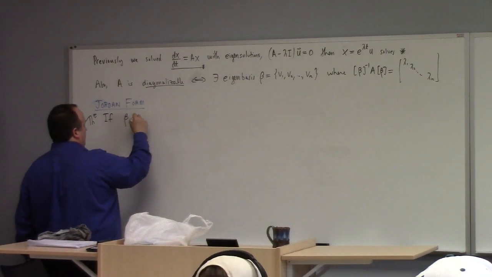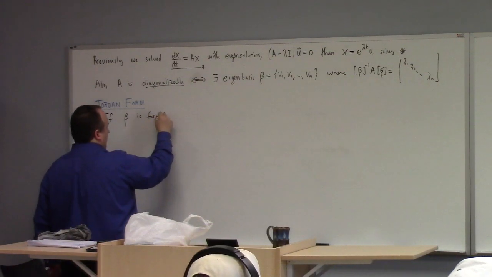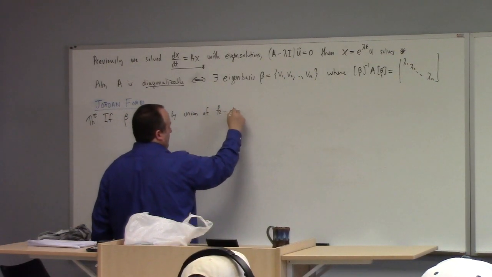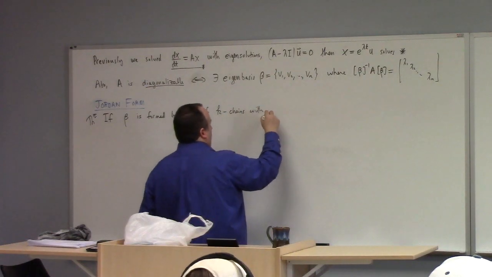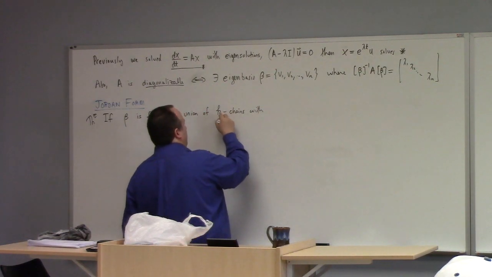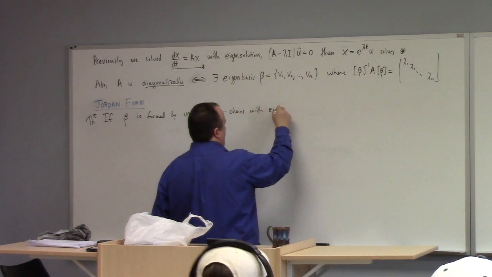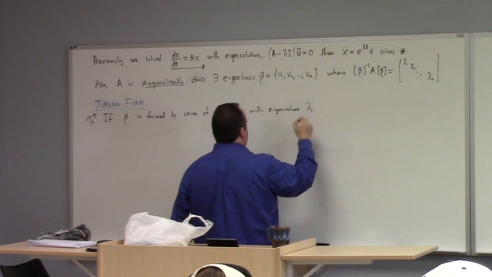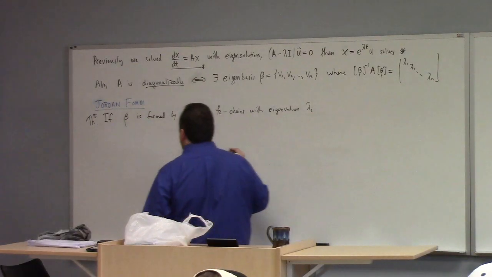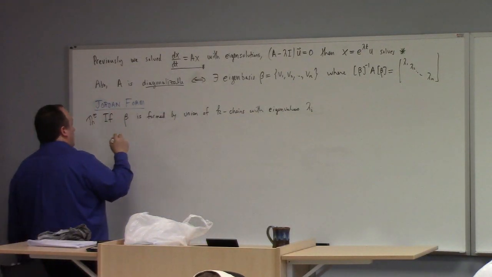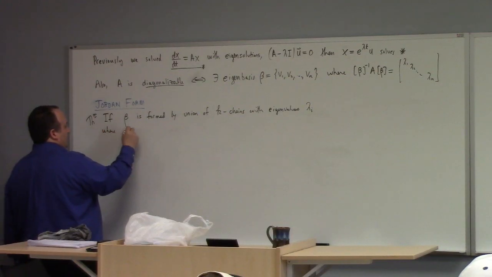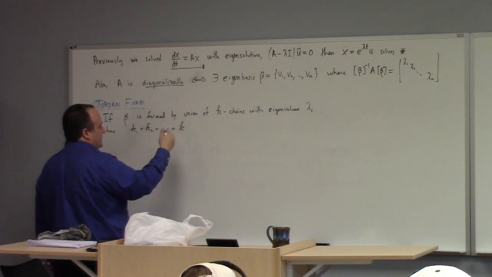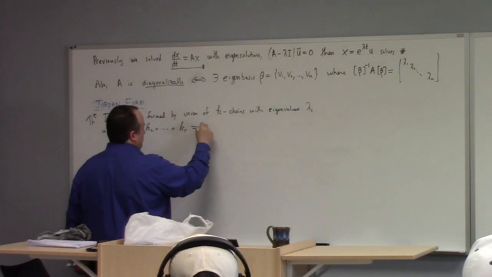If beta is formed by the union of k-chains, let's say k-chains with eigenvalue lambda sub i respectively, where k1 plus k2 plus and so on, let's suppose it takes r chains, is equal to n, right?